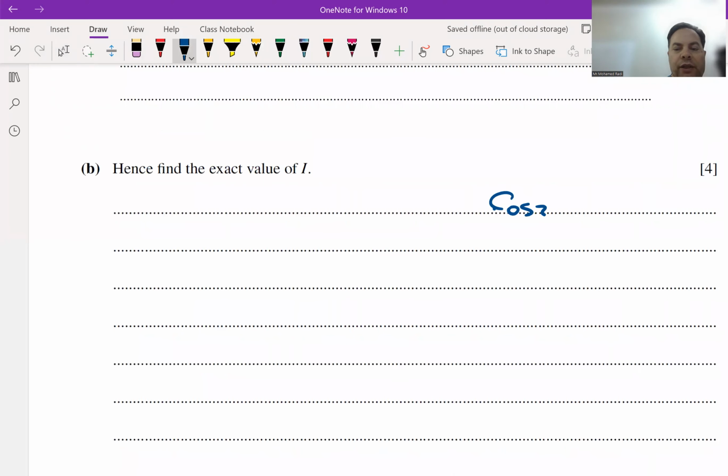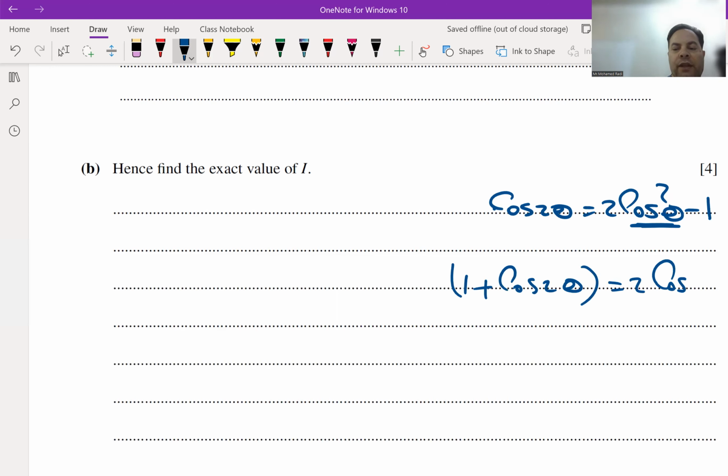Cosine 2 theta is equal to 2 cosine squared theta minus 1. So making cosine squared theta the subject, 1 plus cosine 2 theta is equal to 2 cosine squared theta, then divided by 2 or times half. So cosine squared theta is equal to half of (1 plus cosine 2 theta).